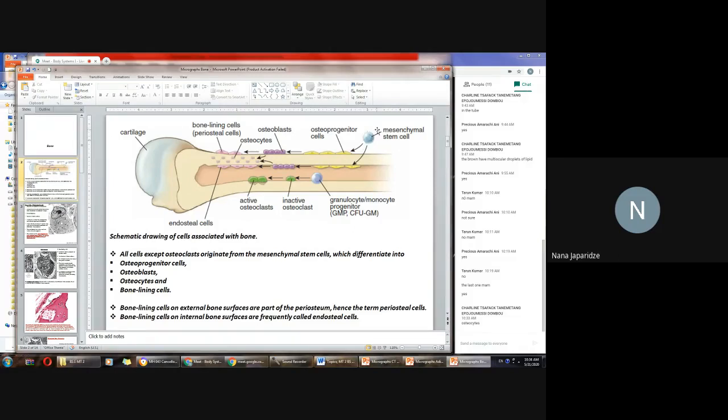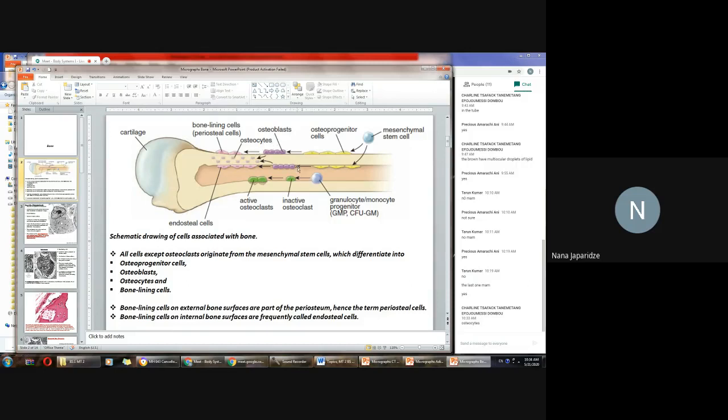Initially, we have mesenchymal stem cells. And these mesenchymal stem cells are able to differentiate and give rise to the osteoprogenitor cells. These osteoprogenitor cells are located on the outer surfaces and inner surfaces of the bone. On the outer surfaces, these osteoprogenitor cells differentiate and give rise to the osteoblasts.